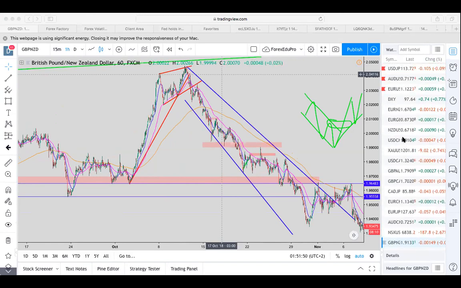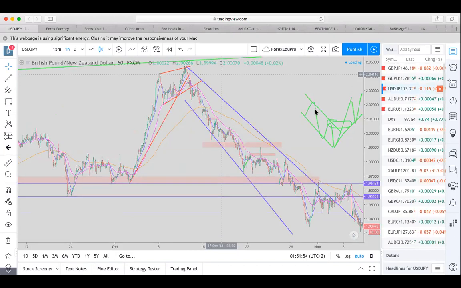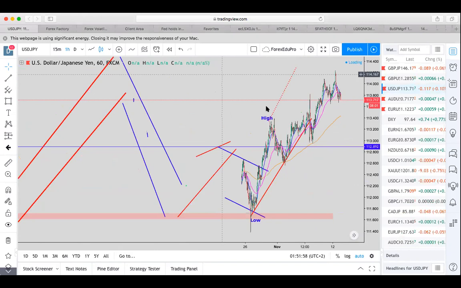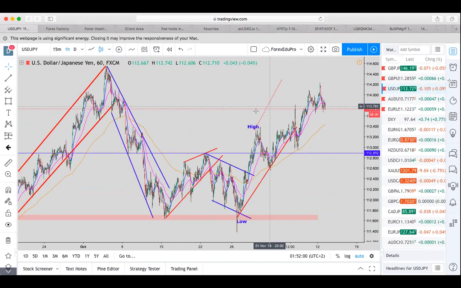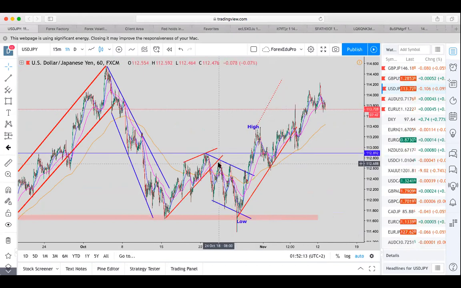We're going to look at UJ quickly. I haven't moved a single line on this. Look how the market is doing exactly what I expected it to do. I haven't changed this since I did analysis on this on the 24th of October.